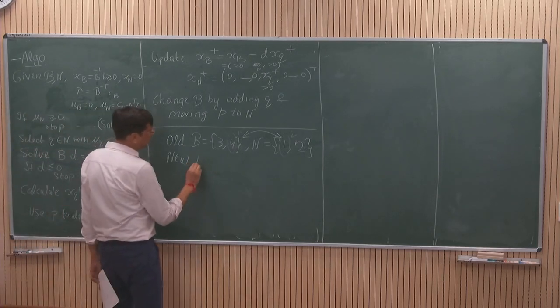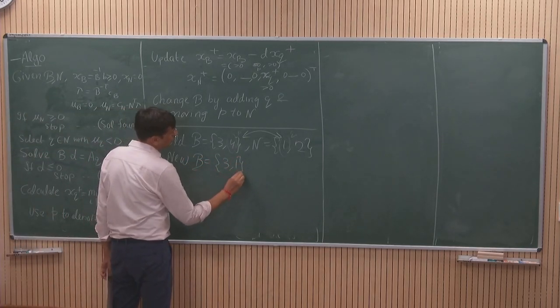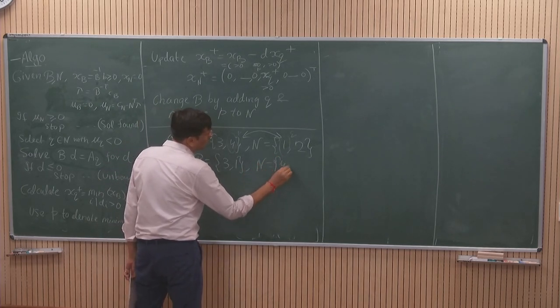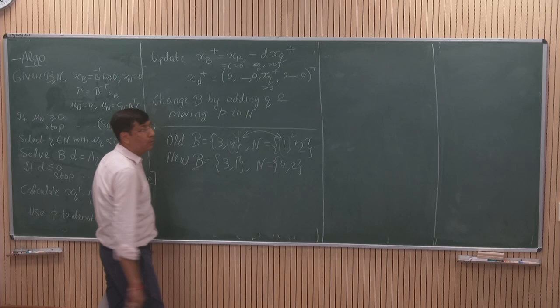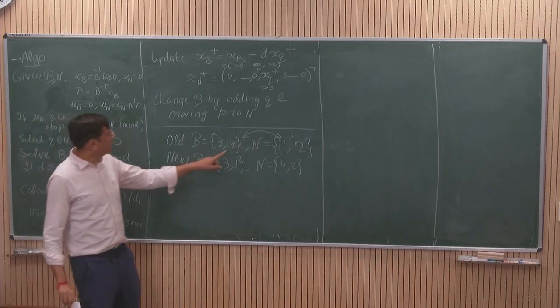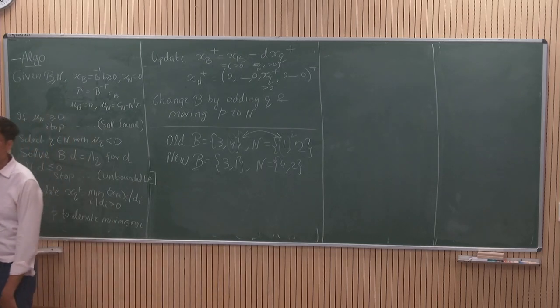So your new b would be 3, 1 and the new n would be 4, 2. Don't try to sort it, place it where you're kicking it out. So if p is coming out from the second index of the n set, then the q will go in its place. Don't change the order.